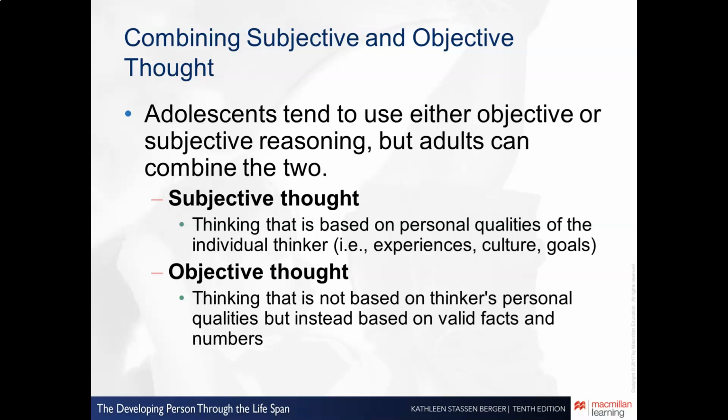Subjective thought is thinking that's based on personal qualities of the thinker. They mention examples like experiences, culture, goals. On the other hand, objective thought is thinking that is not based on the thinker's personal qualities, but instead is based on valid facts and numbers.